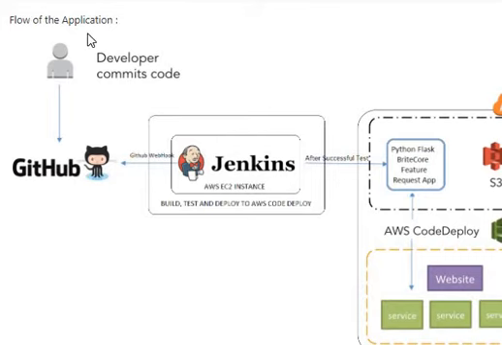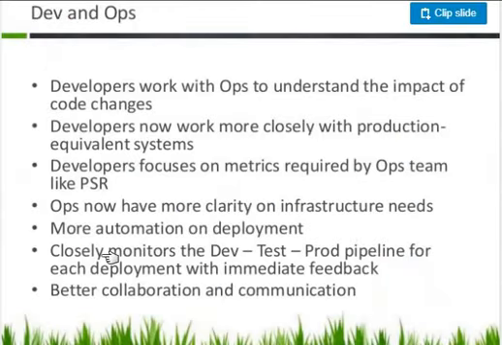And if there is no error in the coding standards and no bugs available, that code will be deployed into the production server, meaning the live server. This is the fundamentals of the development operation scenarios, right? So this is what happens in development and operation.